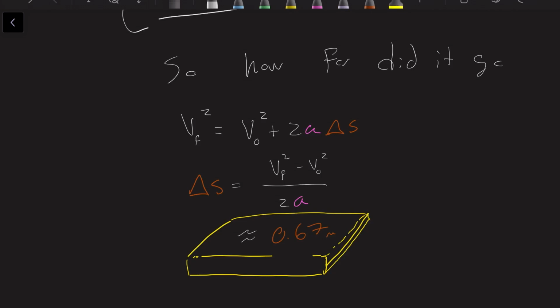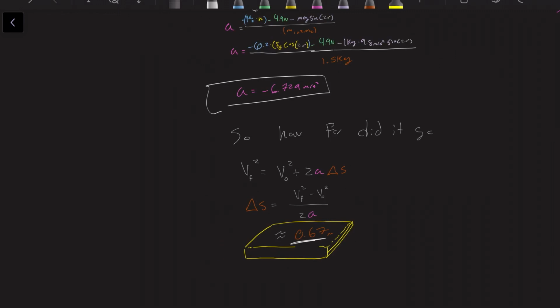You could also use v final equals v initial plus acceleration times time, but that would require solving for time first. So the book should travel about 0.67 meters, which makes sense. There are way more forces trying to stop it from moving than there are to keep it accelerating in that direction.